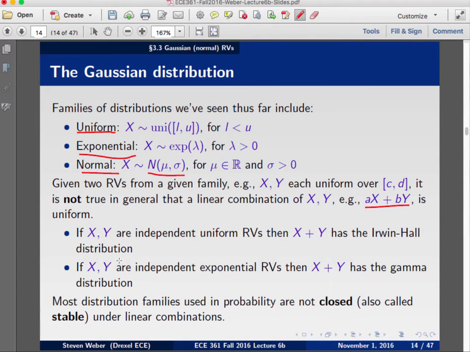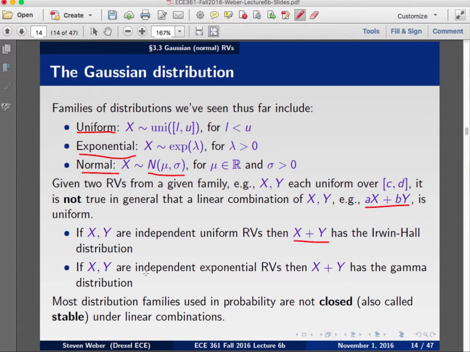So here are two examples. If x and y are independent uniform random variables, say over the interval 0 to 1, then the distribution of the random variable x plus y is not uniform. In particular, it has the Irwin-Hall distribution, which we haven't talked about. You can ignore it. The only point is that the Irwin-Hall is distinct from the uniform distribution. A second example, using our second family, exponential.